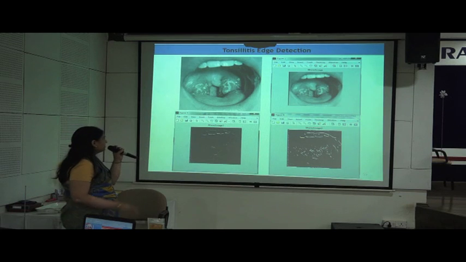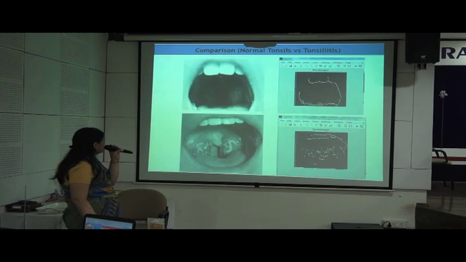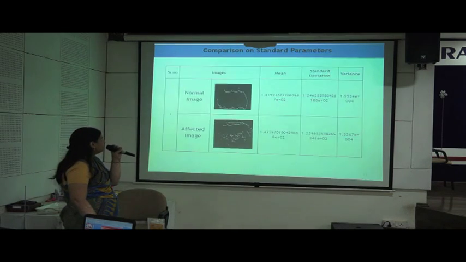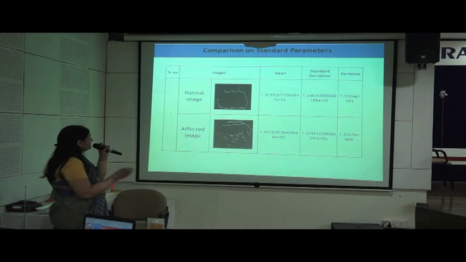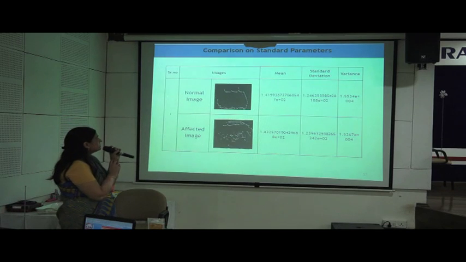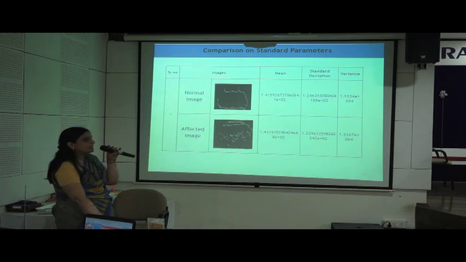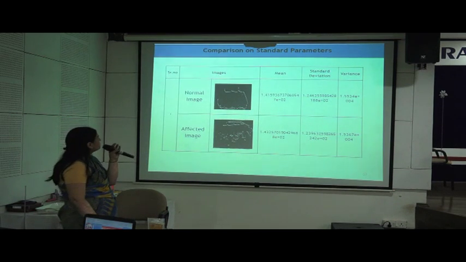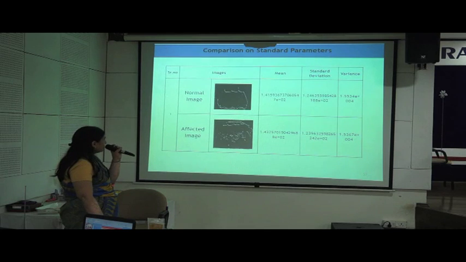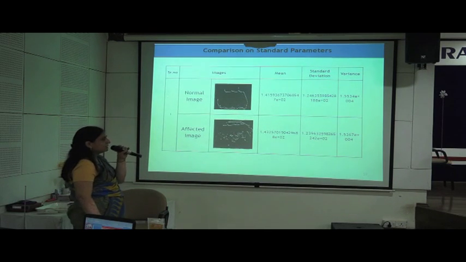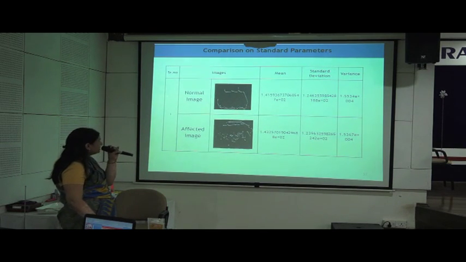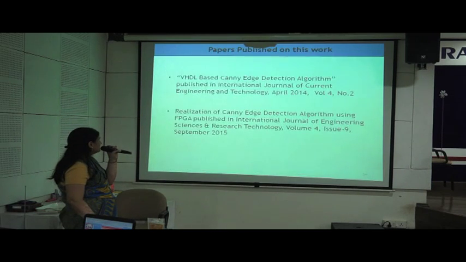And in this work, with the comparison of these two edge detections, we could find out whether the disease is present or not. Again, since it was not possible with hardware, we had tried to do some comparison on standard parameters like mean, standard deviation and variance values, and from these values also we can say whether the disease is present or the percentage of disease is more or lesser.